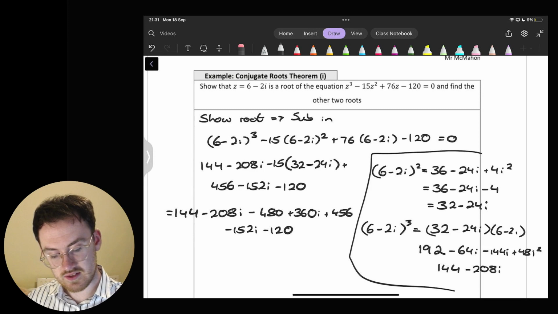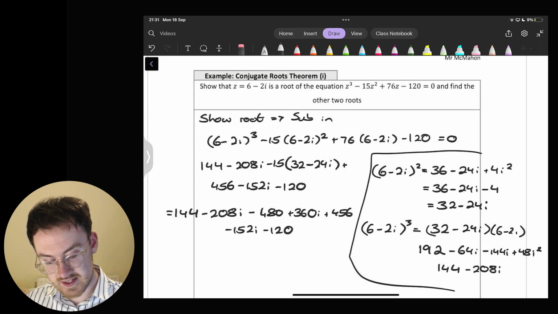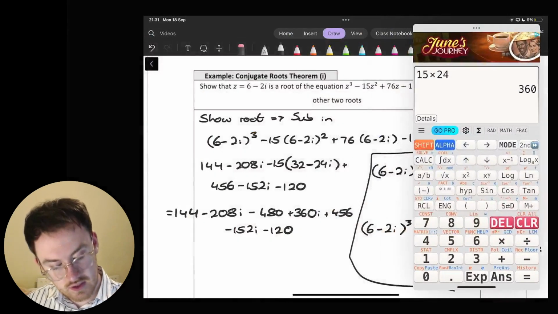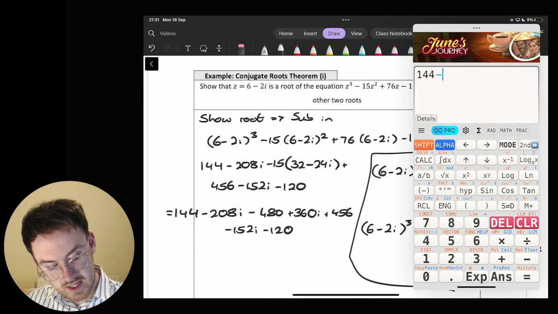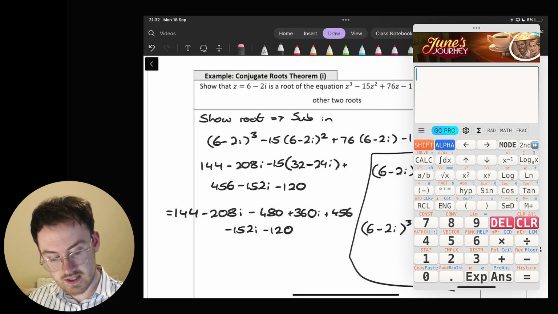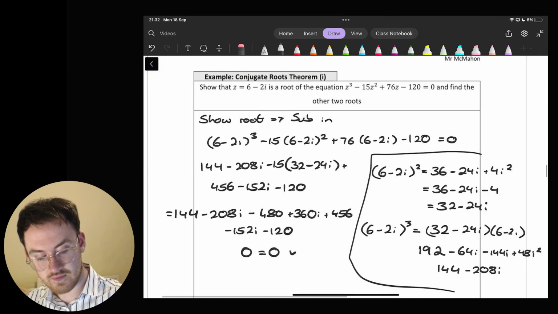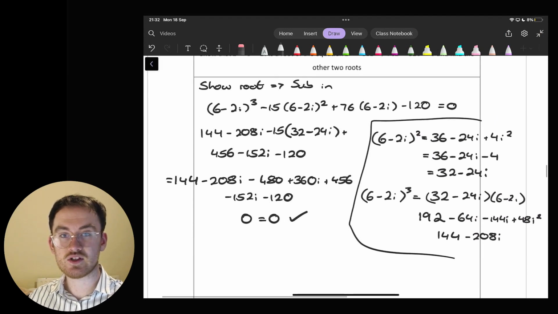Let's consider the numbers and the i parts here and see, do we end up with a nice answer? 144 minus 480 plus 456 minus 120 gives us 0 in the real parts. In the imaginary parts, we have 360i, take away 208, take away 152, and that gives us 0 there as well. So we get 0 equals 0, which proves that that is a root of the equation.